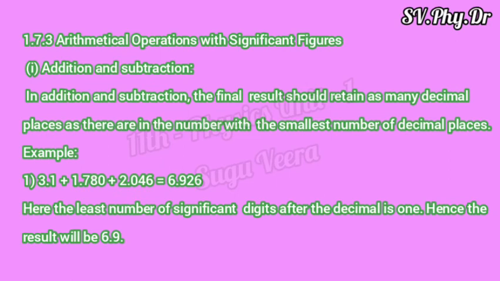For example, 3.1 plus 1.780 plus 2.048 is equal to 6.926. Here the least number of significant digits after the decimal is 1. Hence the result will be 6.9.